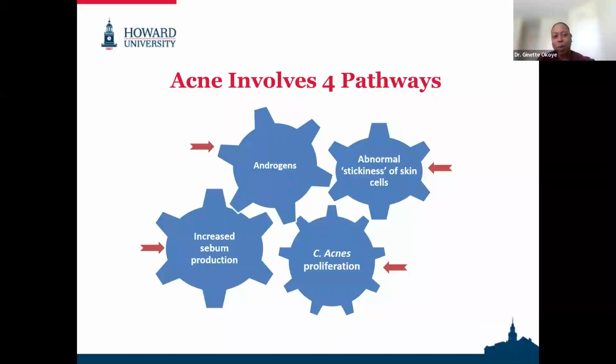So the patient gets more oily skin, more oil, more plugging of the follicle. And then the fourth pathway is C. acnes proliferation. So C. acnes is a specific type of common bacteria that lives on our skin. It loves to live inside our hair follicles, and it feeds on sebum. So you just have this kind of circle, this pathway. So you have more androgens, more sebum, which the C.